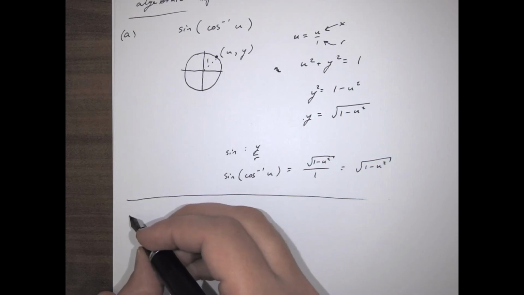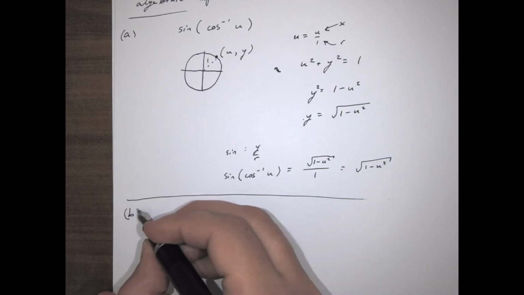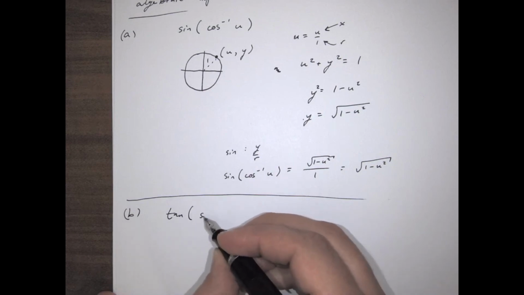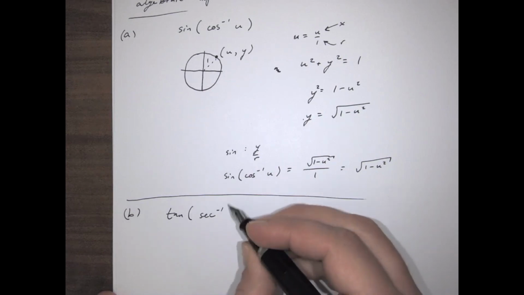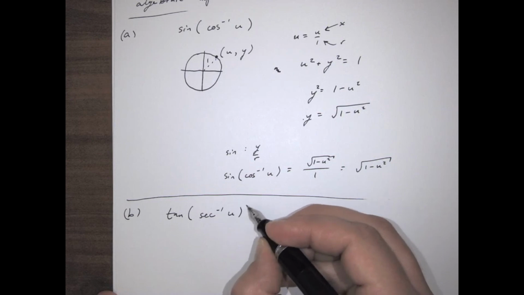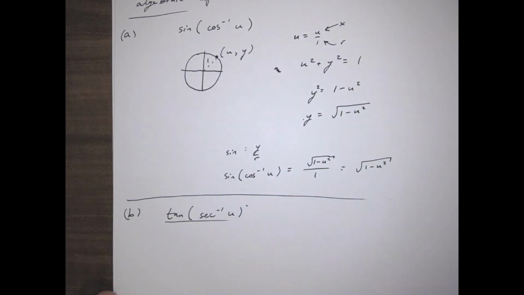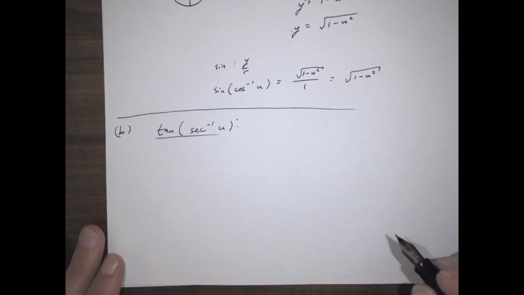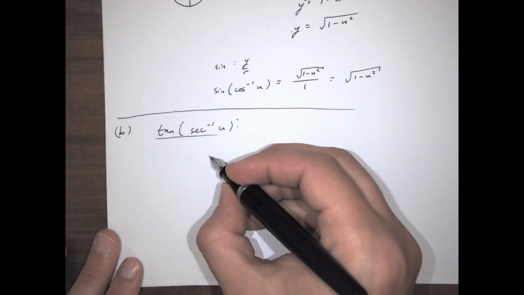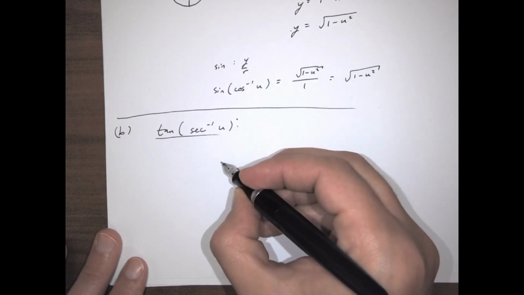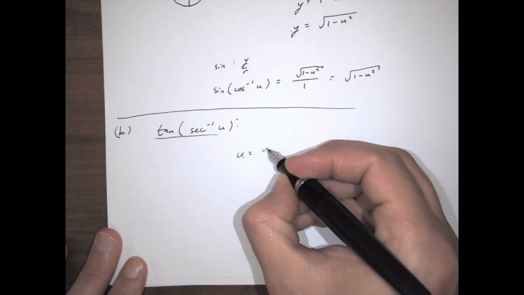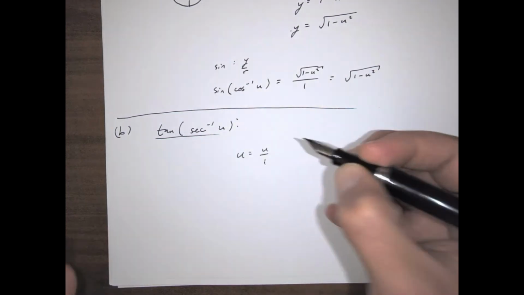Let's try another one. How about something like this? What if I asked you about the tangent of the secant inverse of u? Okay, well, let's see what we can do. So once again, we have to just try to use what we can out of that u. So u, we just write it as u over 1. It's the easiest thing.